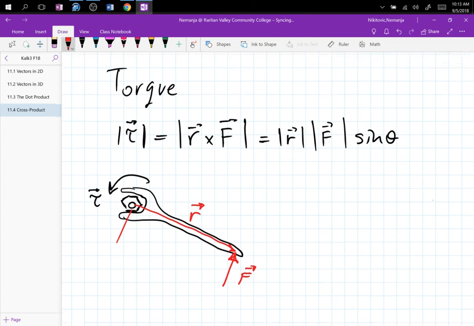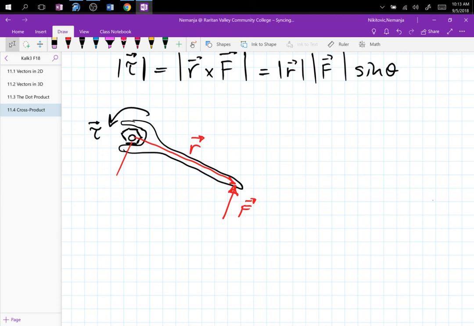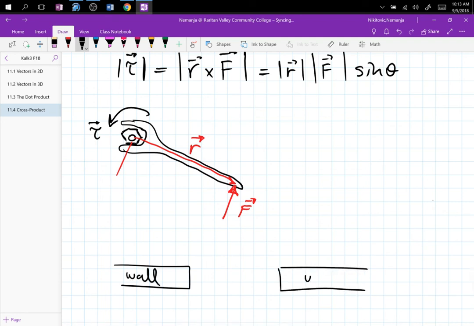We can do an experiment here with the door. Here's another example. So that's the wall. Here's another wall. Now this is top view.